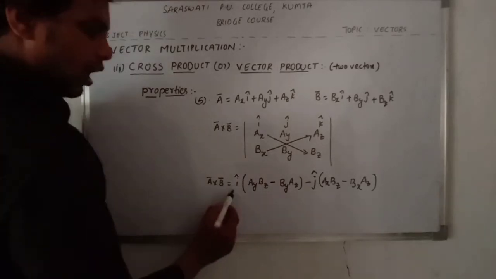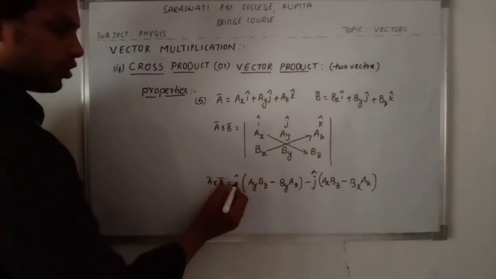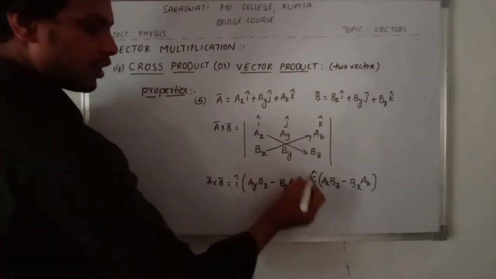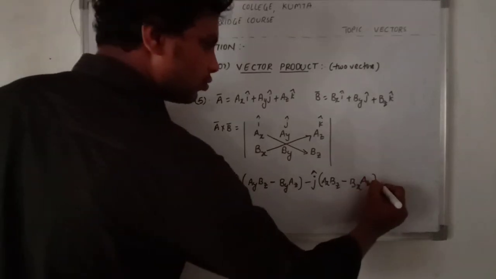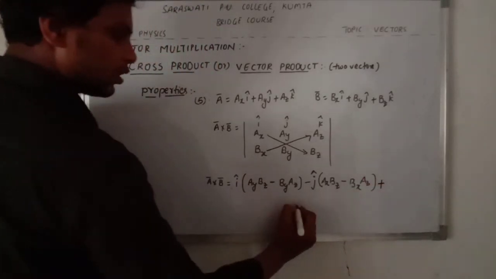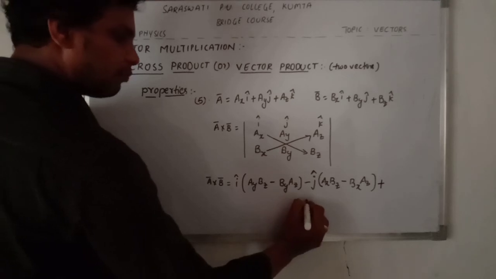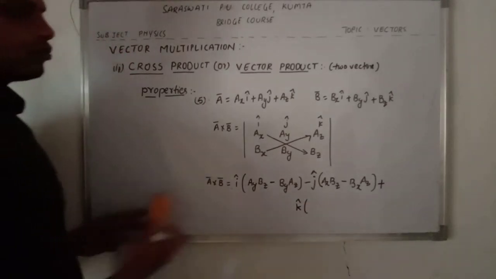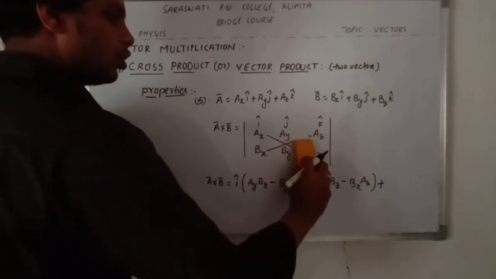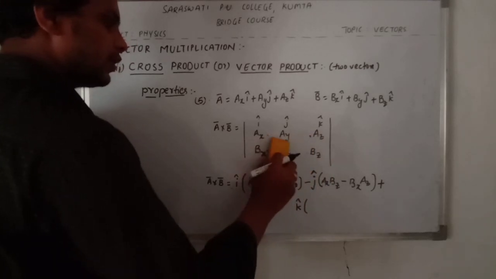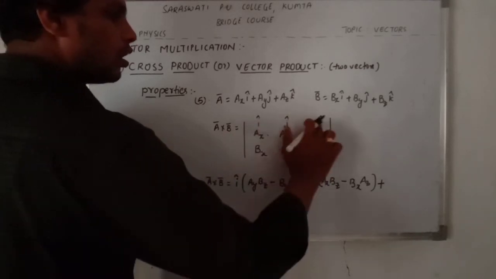Now you will get alternate positive and negative: first it is positive, next it is negative, next you will get a positive term, that is plus k cap into. For k cap you have to neglect this row and this column.